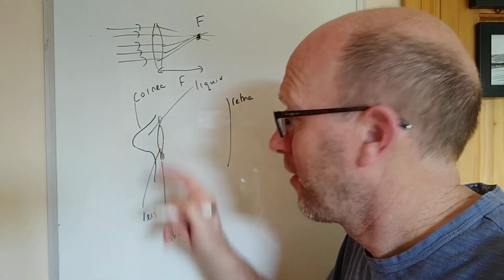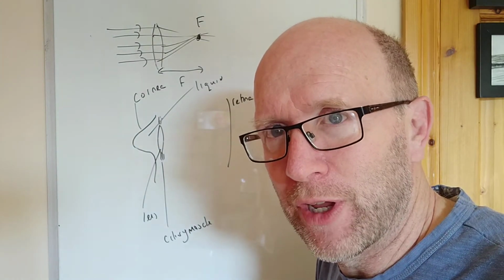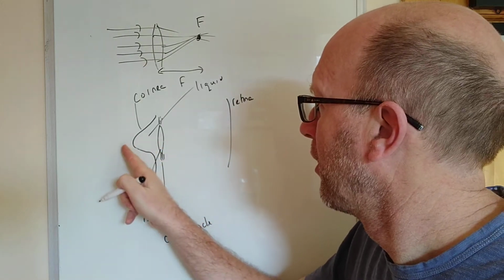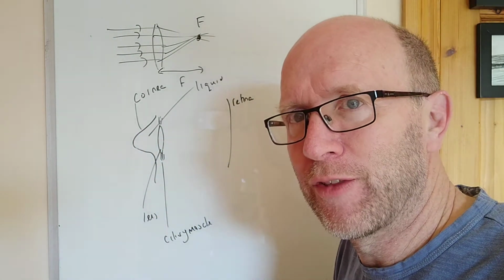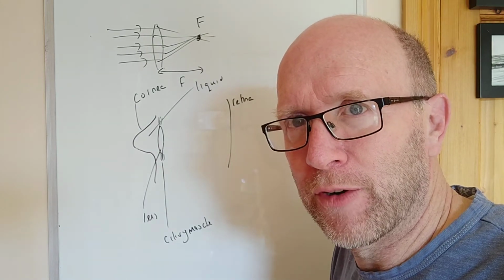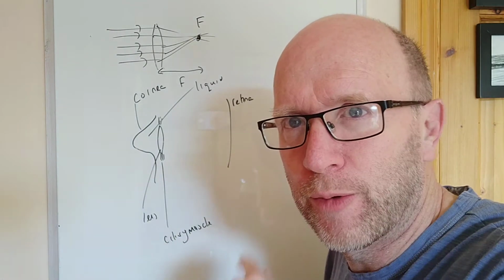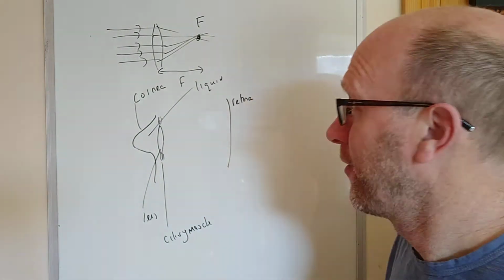The lens in the eye is a less powerful lens, but we can change its focal length and its power, which is what's very important. The two go together to form a system so that the image is formed on the retina. If the image isn't formed on the retina, you get a blurred image, and if it is formed on the retina, you get a sharp image. That's why people wear glasses, and that's the next step.